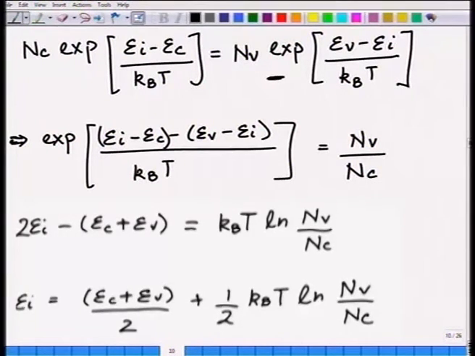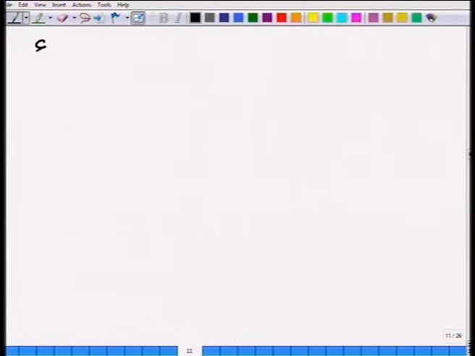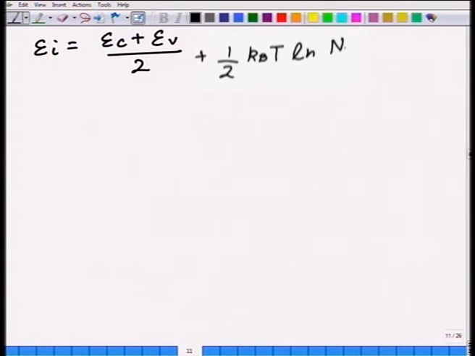So, what does that tell you? Let us repeat this one more time, where EI is. We can write EI as EC plus EV by 2 plus half log NV by NC.